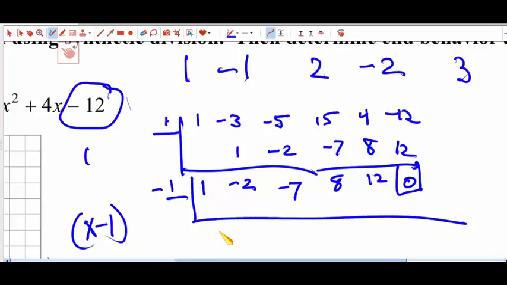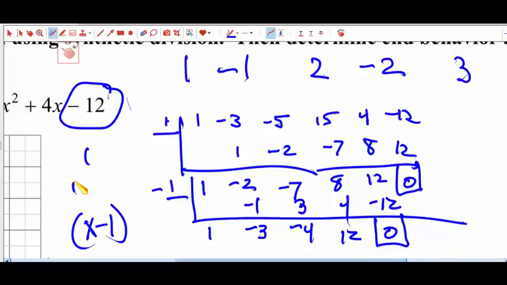So when I try negative 1, I do get a remainder of 0. So that means x plus 1 is one of my factors.